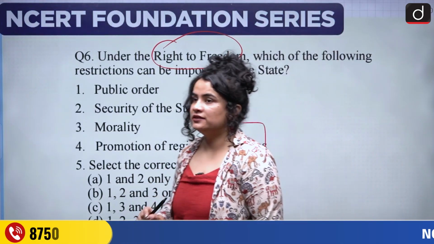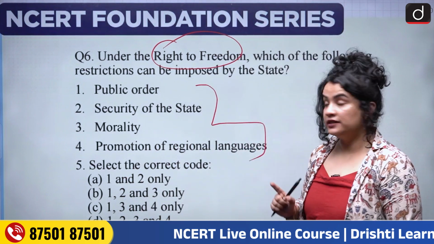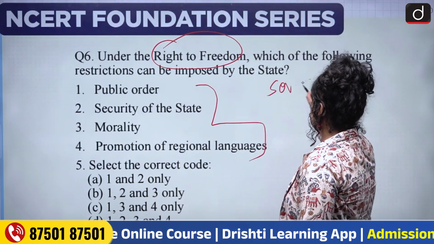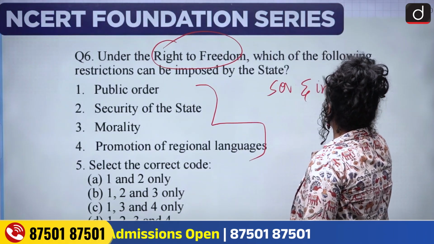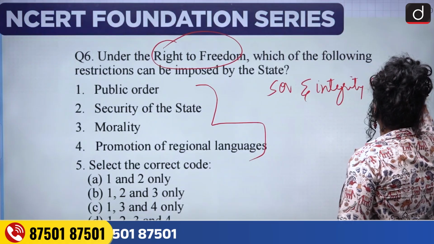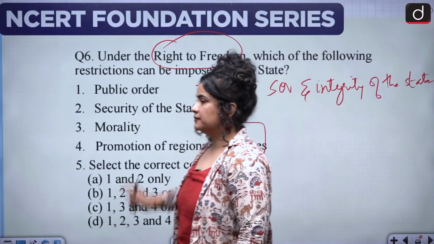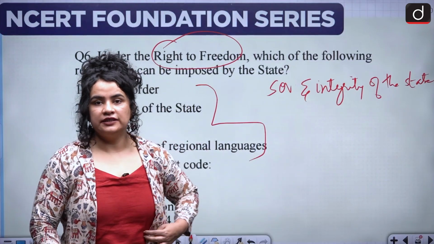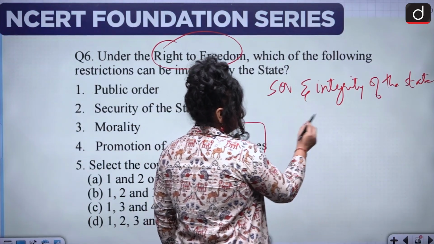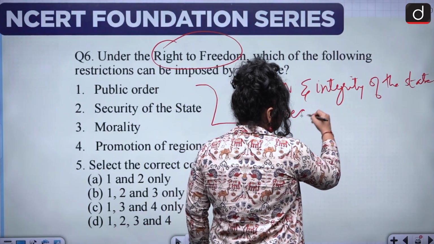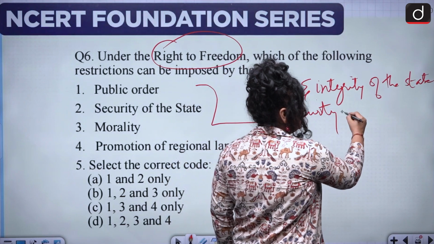First and foremost, you cannot harm the sovereignty and integrity of the state. You can feel free to speak your mind, but it should not injure the sovereignty and integrity of the state. Again, a related term: it should not jeopardize the security of the state.